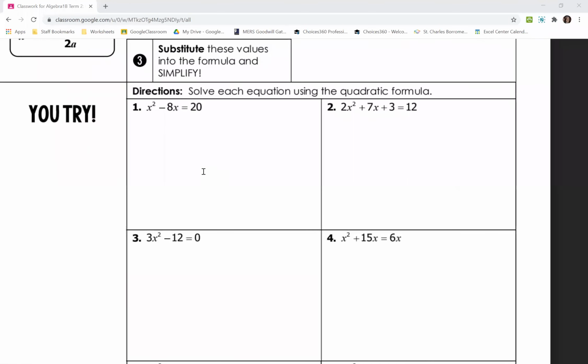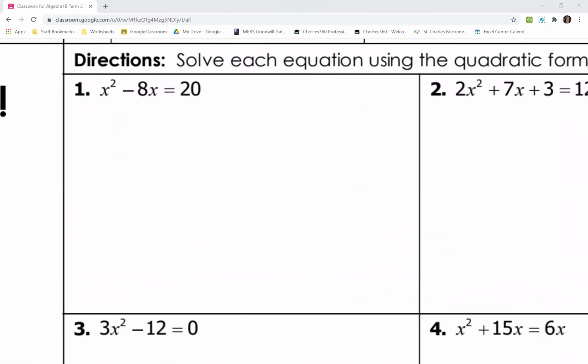Okay. All right. On number one, like I said, you have to make sure that it is in standard form. So right now it's not in standard form. I have to subtract 20 from both sides. Okay. So I have x squared minus 8x minus 20 equals 0.